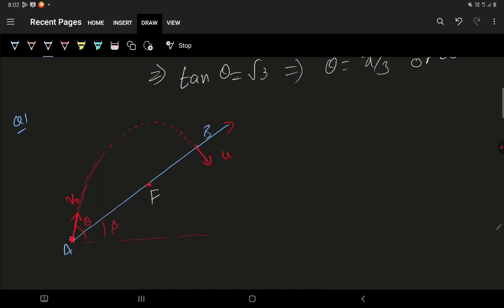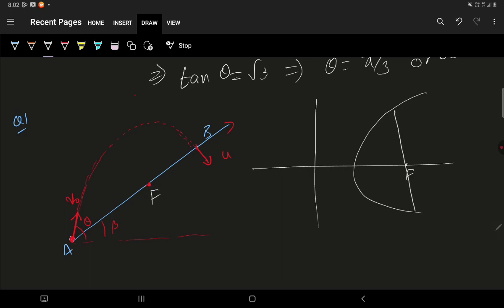You know one property of a parabola: if you have a parabola and this is the focus, and this is one of my focal chords, then the tangents to the parabola at the ends of the focal chord subtend a right angle and intersect at the directrix. This is a very famous property of the parabola.